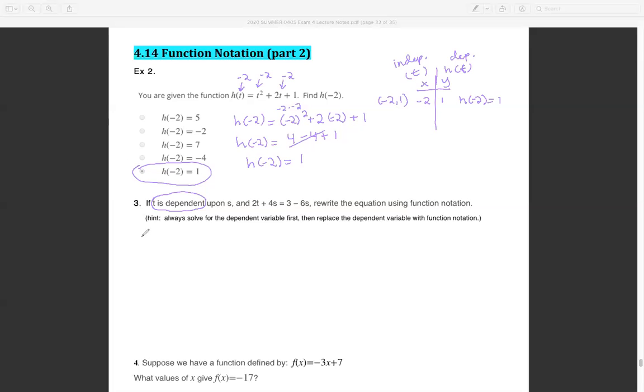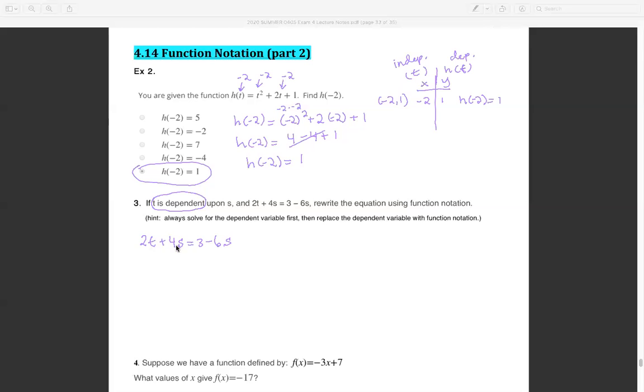Okay, so let's just rewrite this. Sometimes s's look like 5s, so I will put little lines at the end there, so you know those are s's. Okay, so we're going to be solving for t because that's the dependent variable.